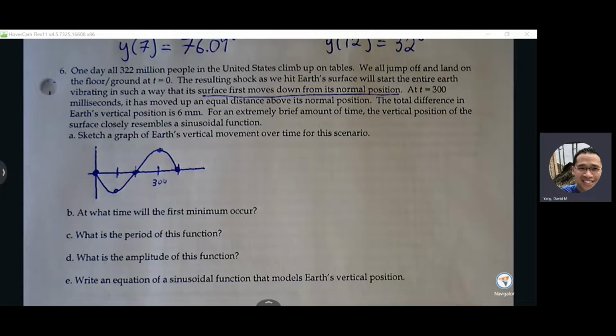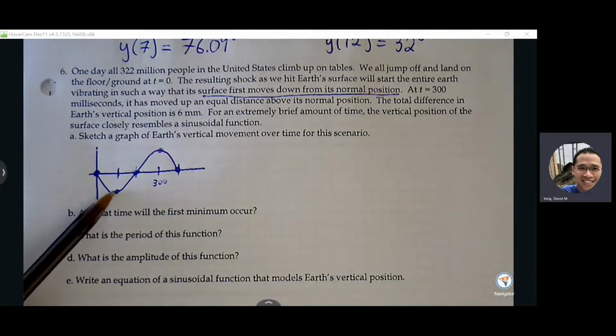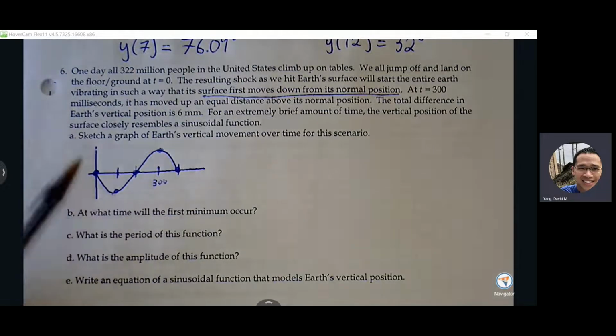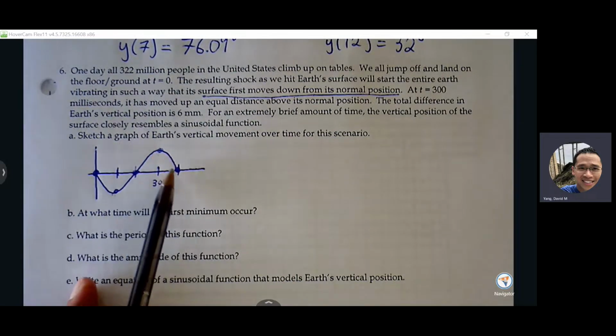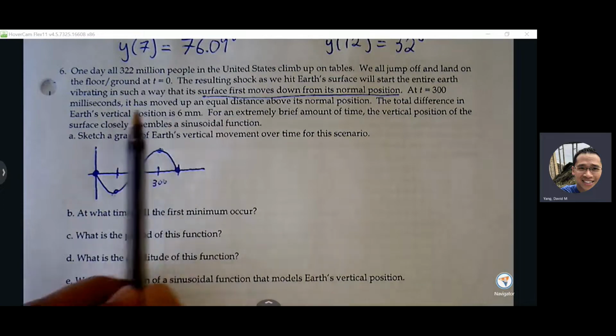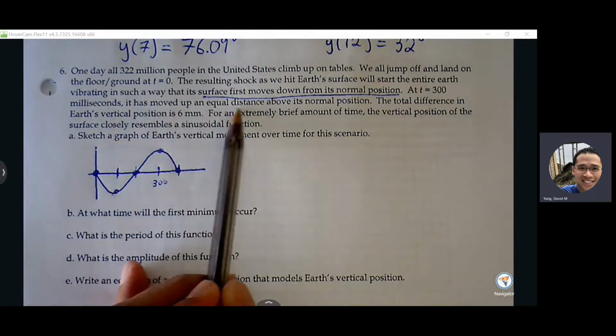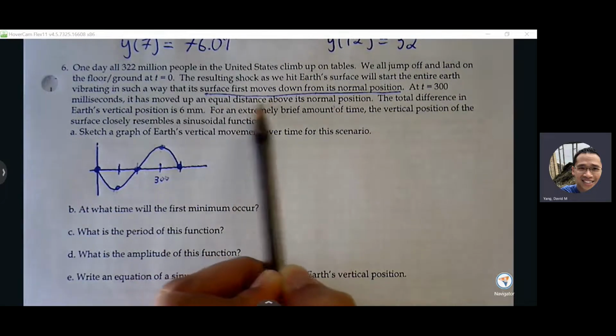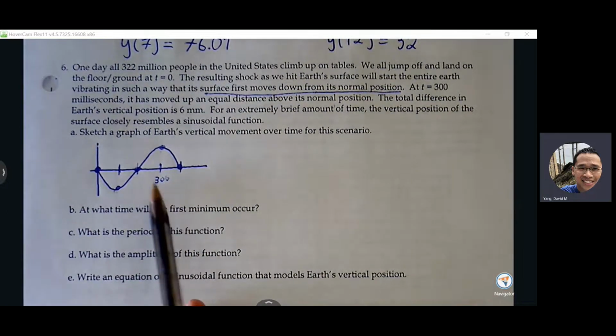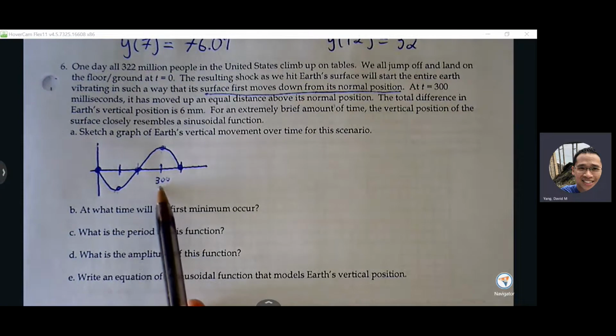So it's going to be down to the minimum first, then back up to equilibrium, then it'll hit a max and then back down. Now it says at 300 milliseconds, it has moved up an equal distance above its normal position. That means we've hit the max at 300. So I just put a 300 there.